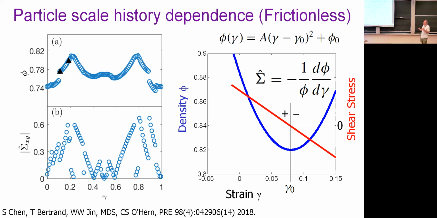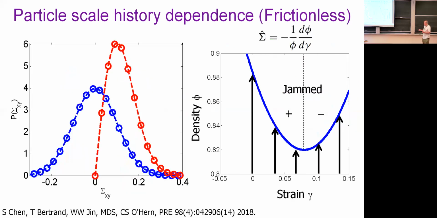If you take this ansatz, that phi is a function of gamma and it's parabola-like, or you just take the approximation, then you can plug it into this formula that you can derive in general. This is a general formula you can derive for the stress. It doesn't matter what the function is here, but if you take this, then you expect that there will be a line here. So the stress will be a line related to this parabola.